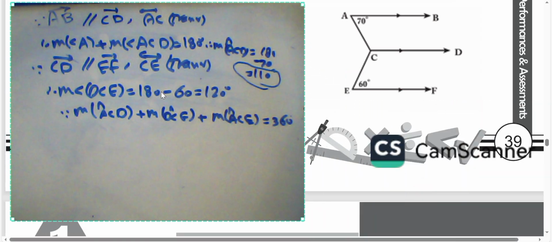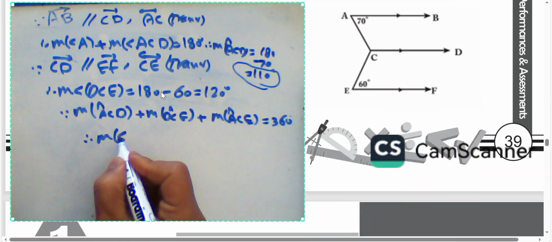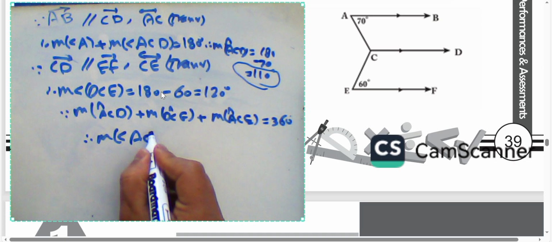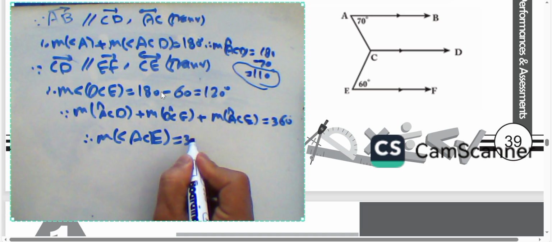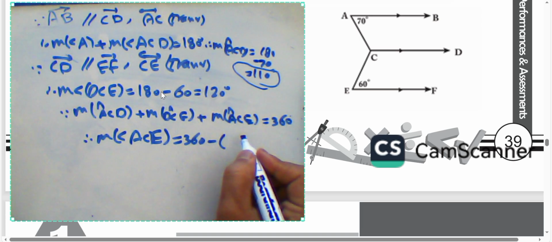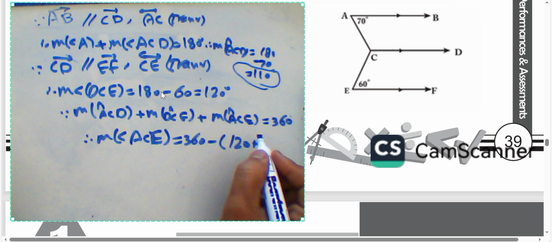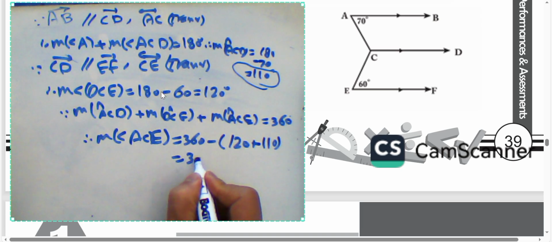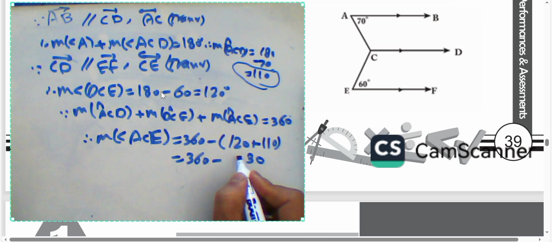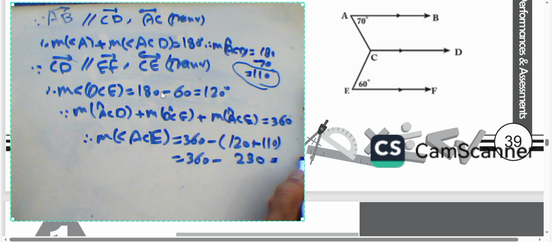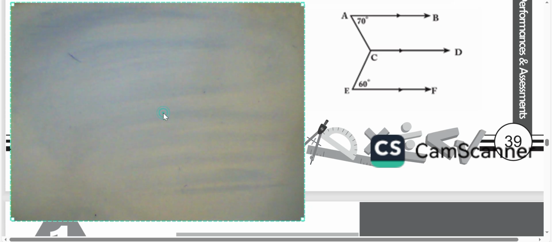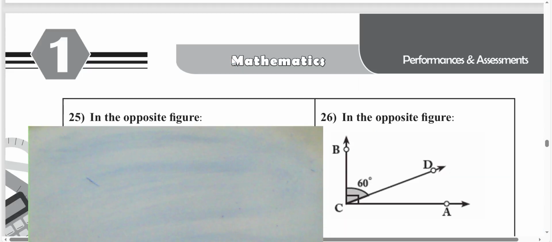Then in the last step we find the measure of angle ACE equals 360 subtracted by the sum of 120 and 110. 360 minus 230 gives 130. The measure of the angle is 130 degrees. It's a very important question. You must know the steps about it.